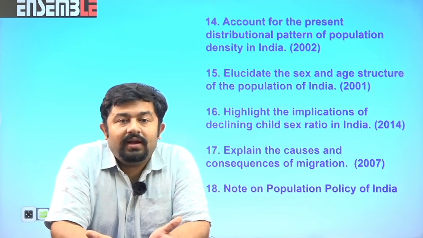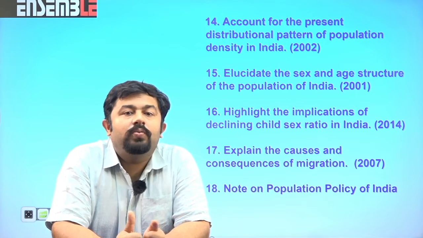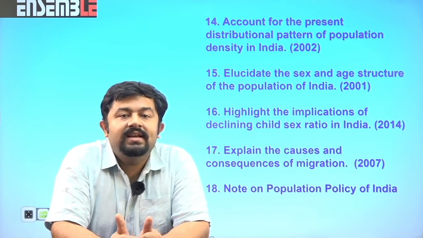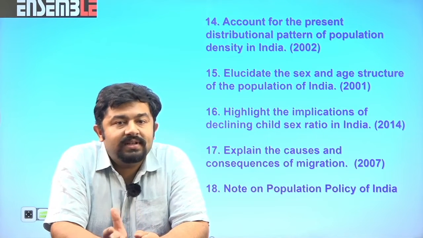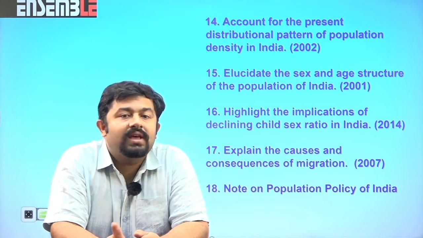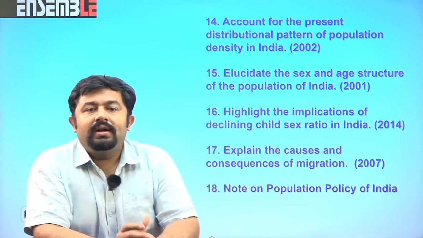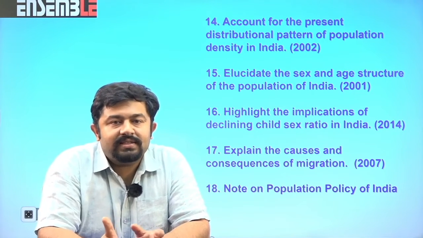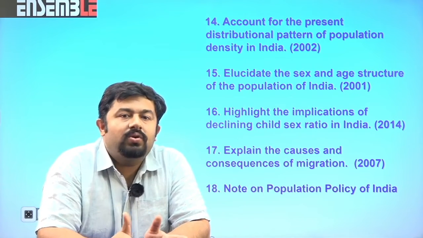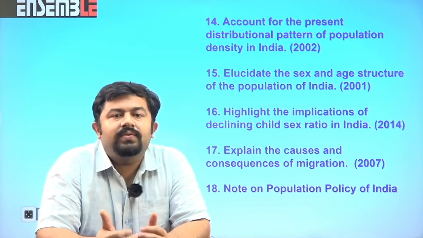Say, Gangetic Plains, high population density. Thar Desert, low population density. As we discussed, the physiographic divisions have a greater role to play. As we discussed, the mineral towns have a role to play. So questions can be asked. You need to understand why. First, learn which areas have high population, low population. Maybe they just learn this basic data, and you need to understand why it is so.